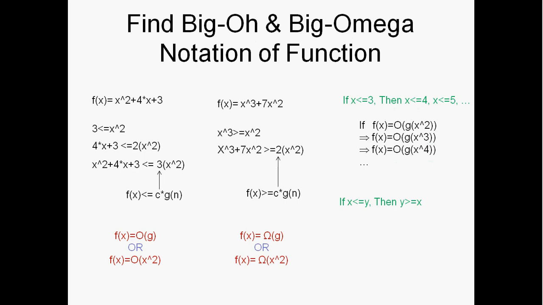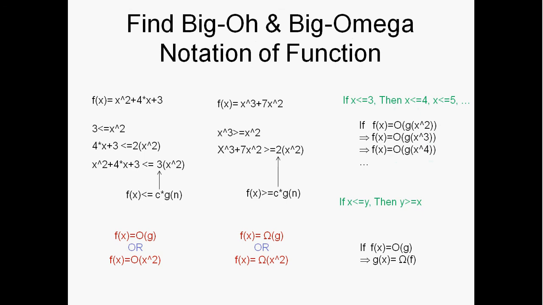Now I'll ask, if x is less than or equal to y, then obviously y is greater than or equal to x. That's true. This should also be true in this relation. Like if function f is in big O of g, then g is in big omega of f. That also works, right?